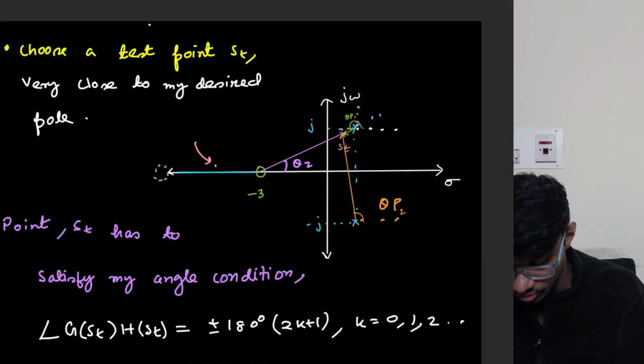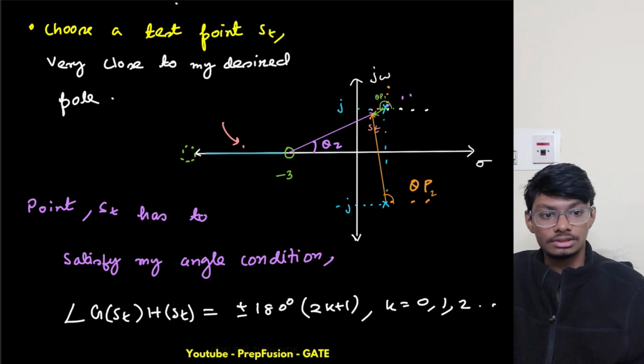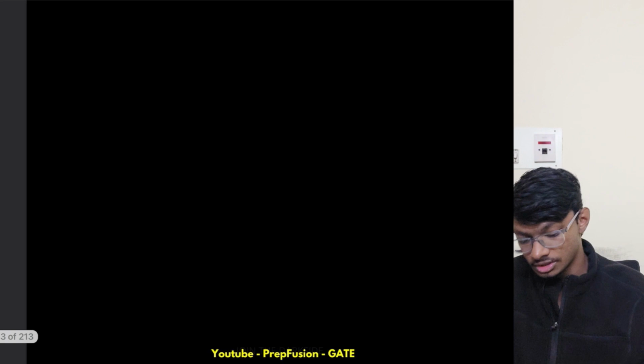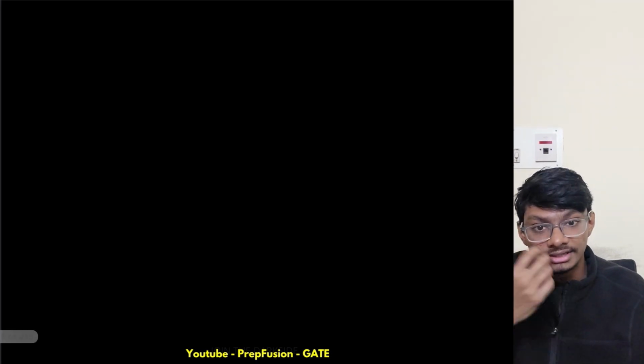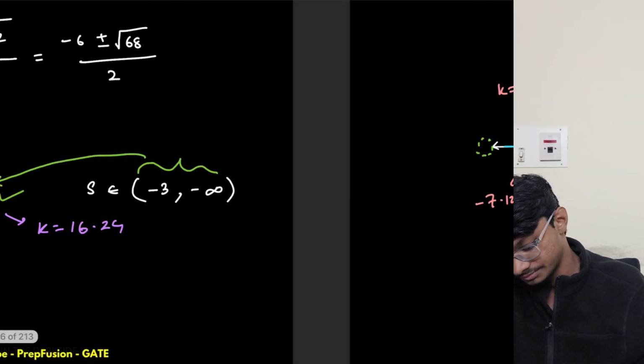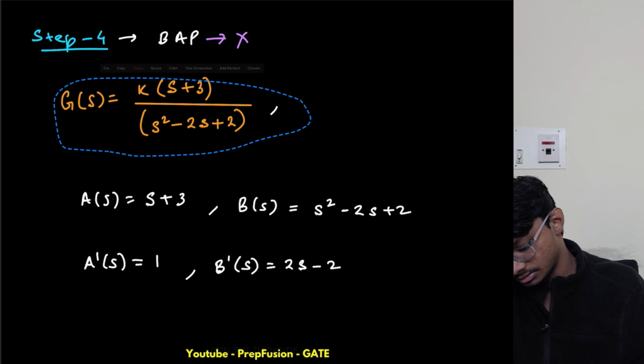Now what is the interesting part? I have 3 angles, right? If all of these 3 angles satisfy the angle condition, what was that condition? How do I write my characteristic equation? Let me first write the characteristic equation. Let me copy it from here.